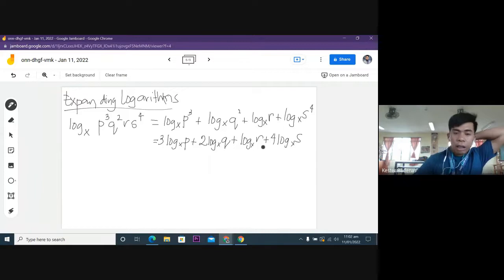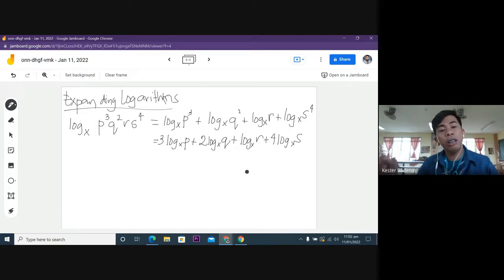So this is the expanded form of logarithm of p cubed q squared r s raised to the 4 with the base x. That is 3 logarithm of p with the base x plus 2 logarithm of q with the base x plus logarithm of r with the base x plus 4 logarithm of s with the base x. So yan po yun siya.